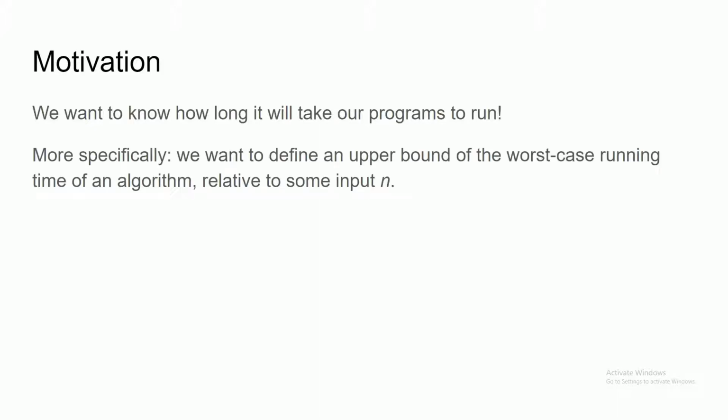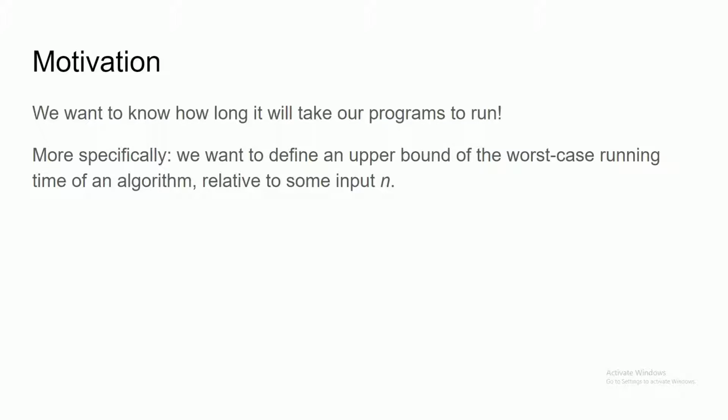A more specific one is that we want to be able to define an upper bound of the worst case runtime of an algorithm relative to the size of its input that we will denote with a character n. And this last part is an incredibly important distinction that we'll get into later.